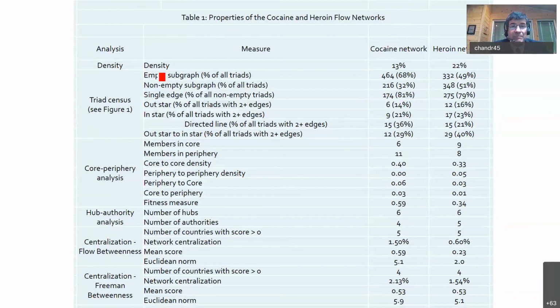That's what we call the empty subgraph. Okay. You can have a set of 3 nodes in which there's just one arrow connecting a pair of the nodes. Okay. You can have another configuration in which you have what we call an out star. That is the situation in which one node has two arrows going out to the two other nodes. Okay, and so forth. There are many different structures.